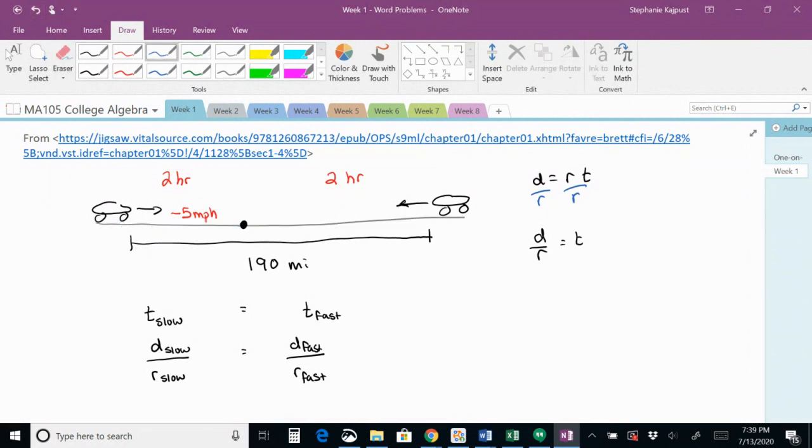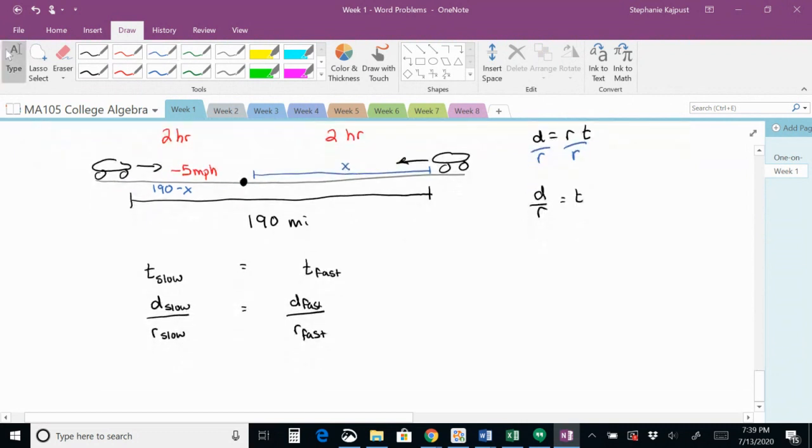Let's say that this distance here, we'll just call x. Then this other side would be 190 minus x. So we've got the distance for the slow car, which is 190 minus x, and the distance of the fast car, which we called x.